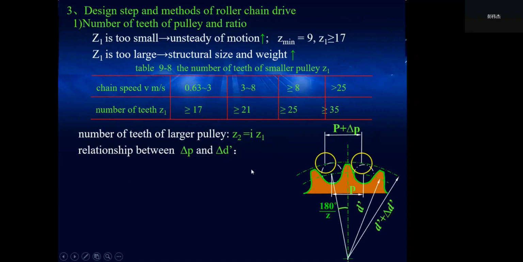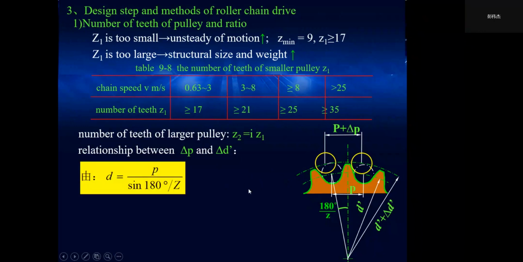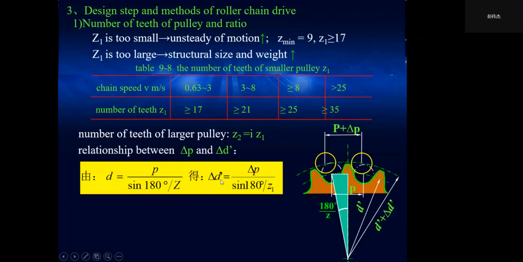And then when wear happens, the pitch will increase. Delta P is the pitch increment, and delta D prime is the variation of the pitch diameter, and then there is a relationship between delta P and delta D prime. And when delta P is not changed, if we increase Z, the delta D prime will increase too.